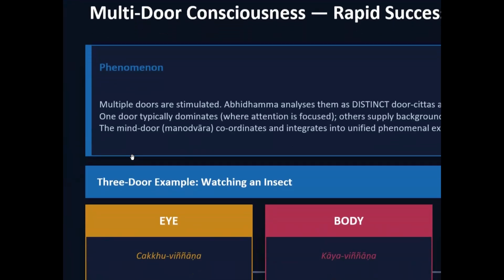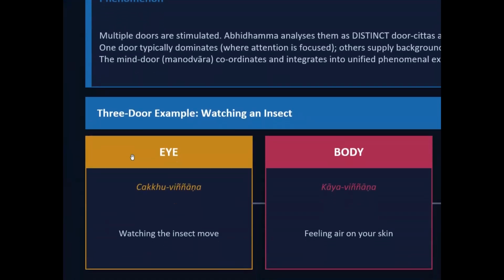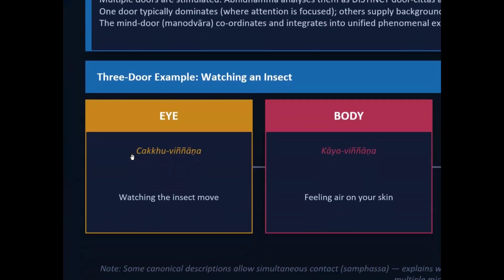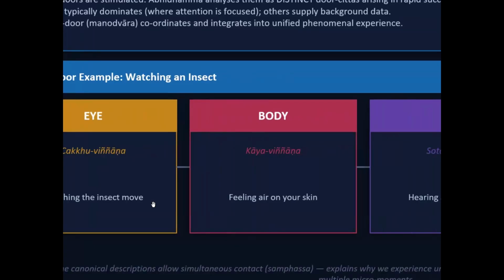When we talk about a three-door example, here's the example. Cakkhu viññāṇa arises when you are watching an insect move. That is the first thing. Then your body, kāya viññāṇa, you feel air on your skin.